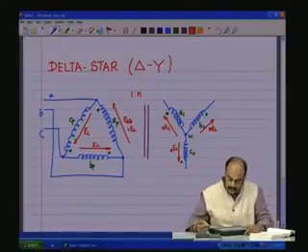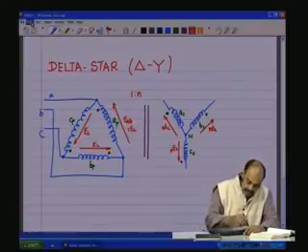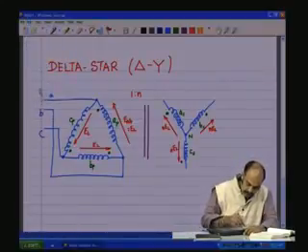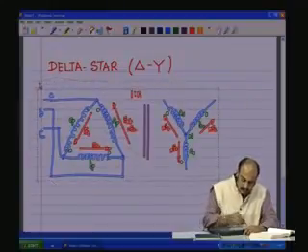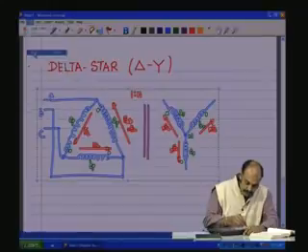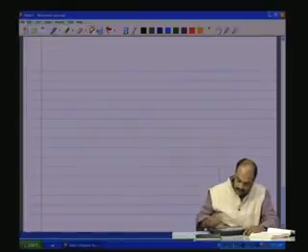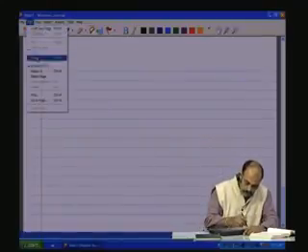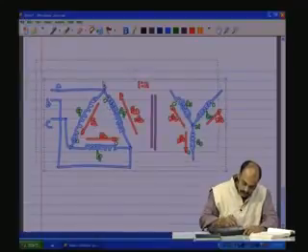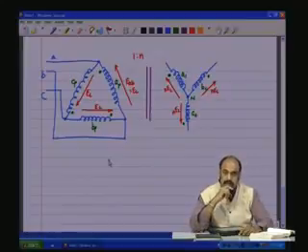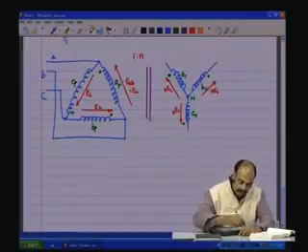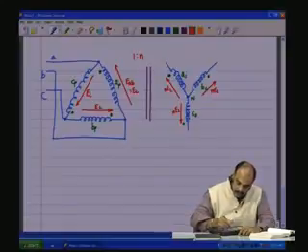If you look at the phasor diagram for this, let us take this selection tool. Let us copy and paste. Let us consider the phasor diagram of this. This is the secondary side. This is the secondary side.